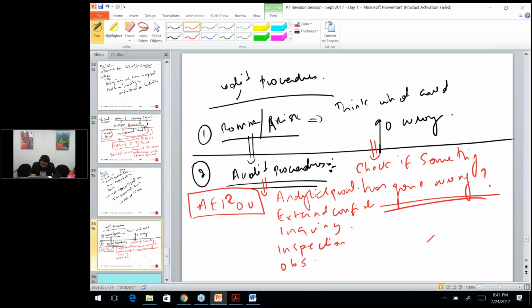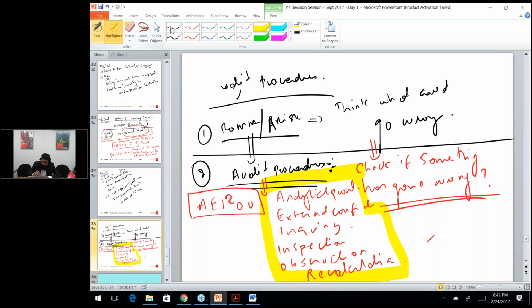O is observation. And U is for recalculation. So analytical procedures, external confirmations, inquiry, inspection, observation, and recalculation are the various audit procedures that we perform to check if something has gone wrong.